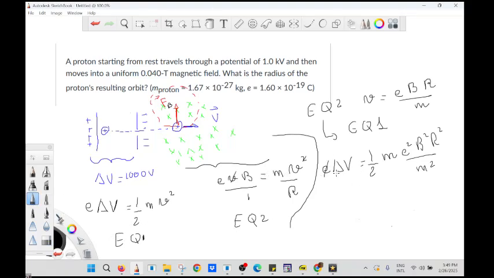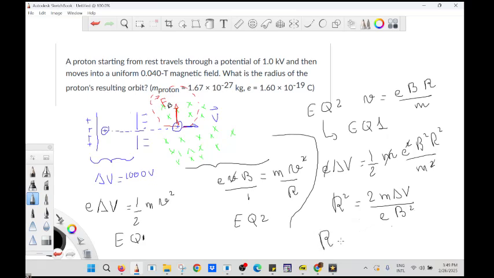So if you do that, the E goes away here, and then the M goes away here. You isolate R squared, which is 2m delta V over E, and then you have a B squared.